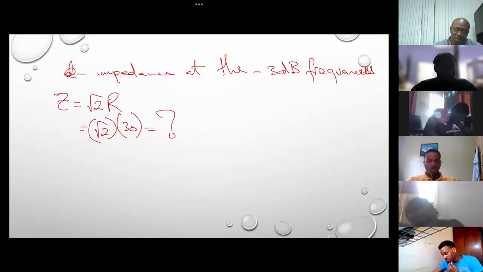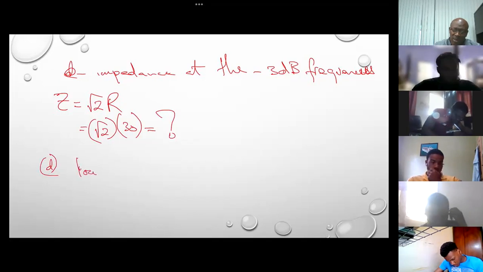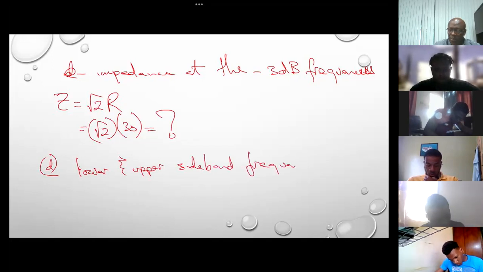So let's go back now to section D, which asks for the upper and lower, so I'm saying now the upper and lower sideband frequencies.